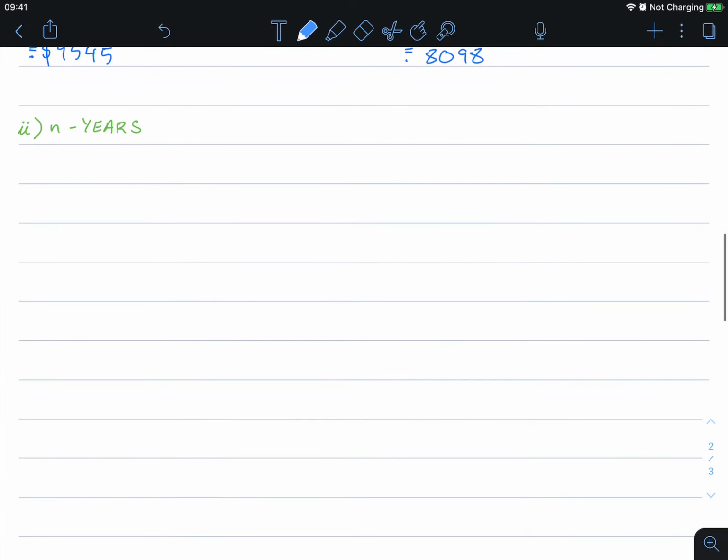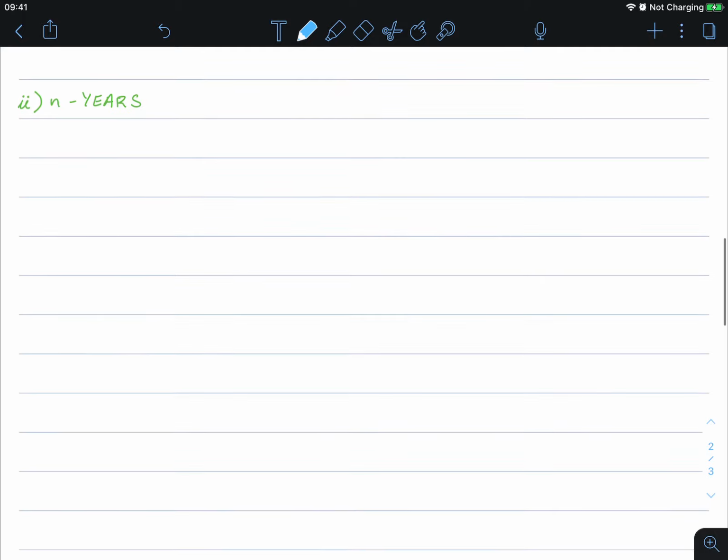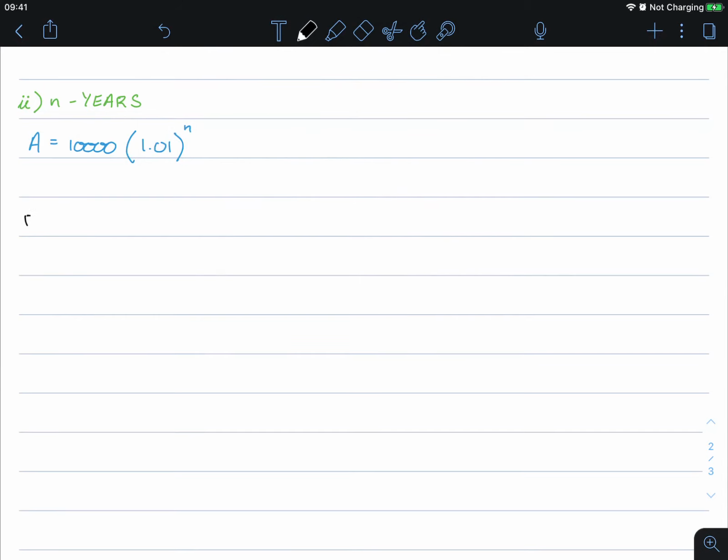Okay, so now let's make an expression for the n number of years for this. Because we have the pattern, we can see it now, the original $10,000 will receive 1.01 n number of times. The first payment is $250 to the power of n minus 1.